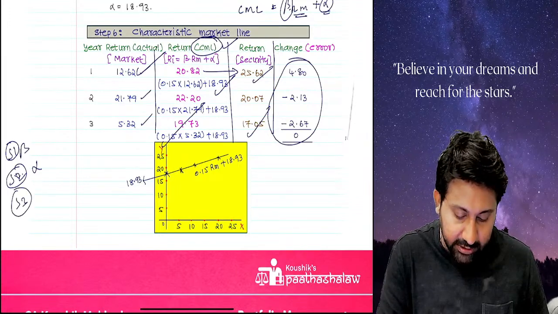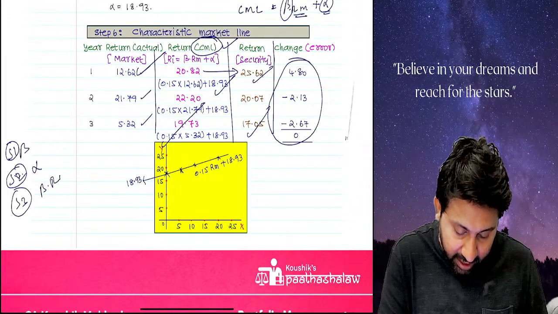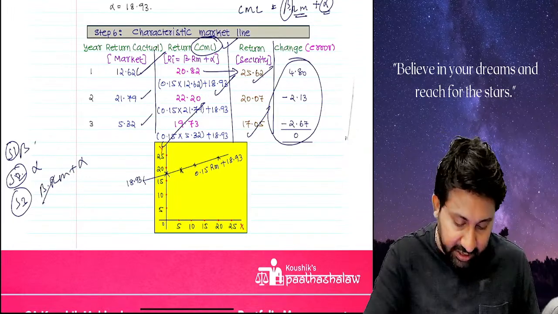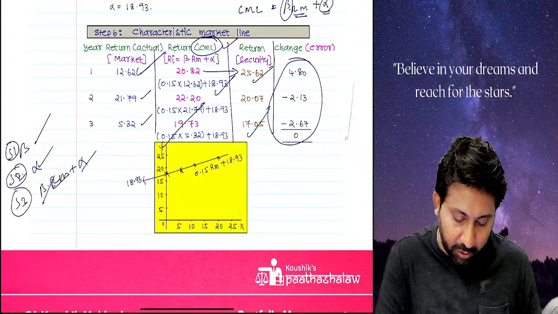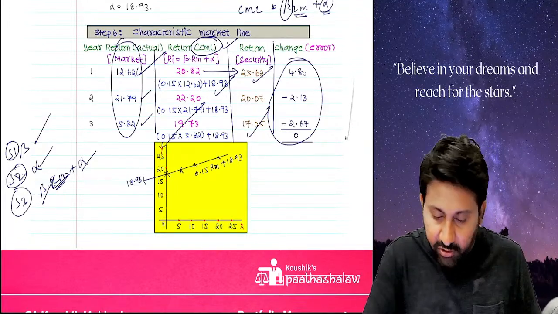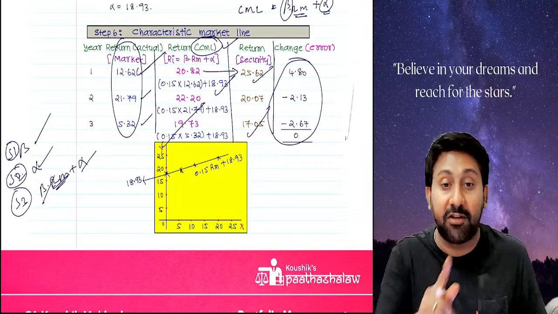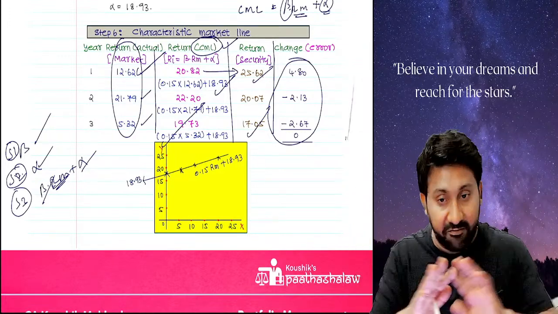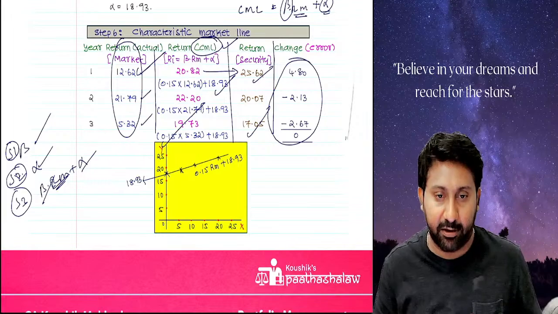Step 3, CML is beta RM plus alpha. Beta calculated in step 1, alpha calculated in step 2, and RM they will give in the question. Using that you calculated the CML. Compare it with the actual returns you already got in the question. A difference will be there. The difference we call error.